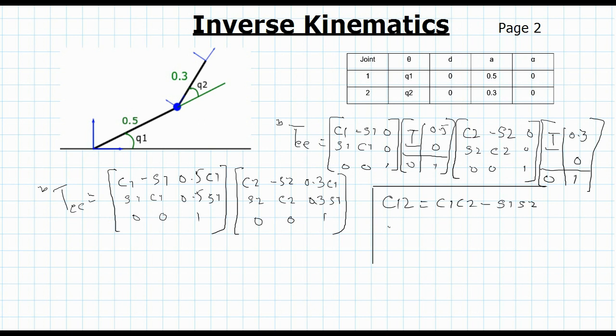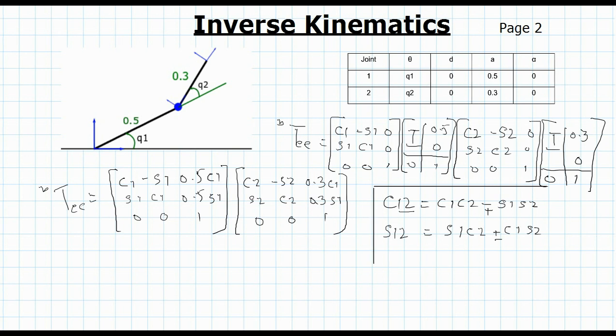Similarly, another identity that we used was sine of Q1 plus Q2 is equal to S1 C2 plus C1 S2. And if it were minus cosine of Q1 minus Q2, then this equation would become written with a positive sign. Similarly, sine of Q1 minus Q2 would be written with a minus sign here.